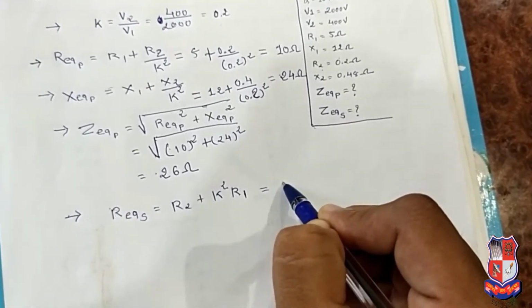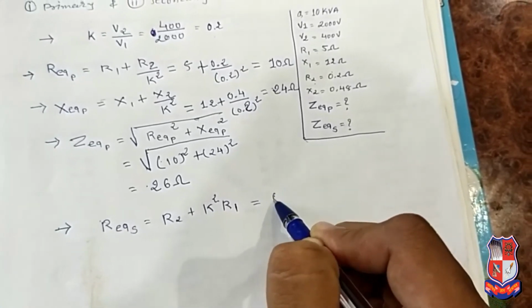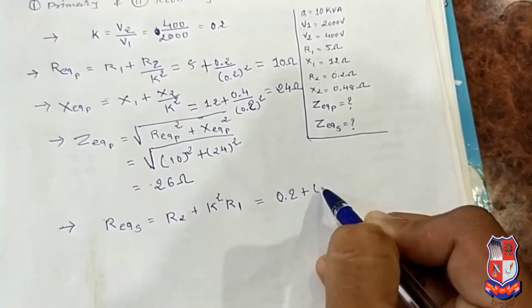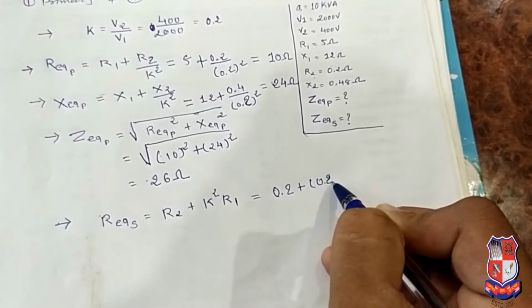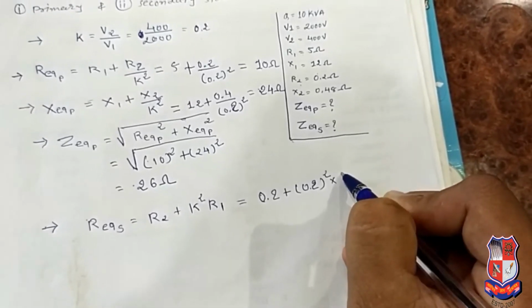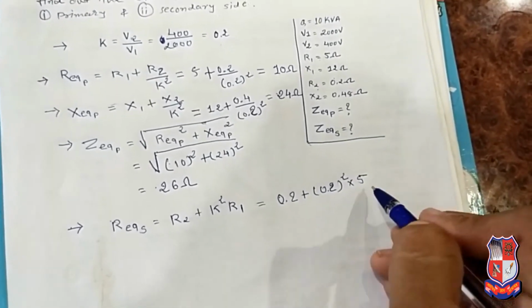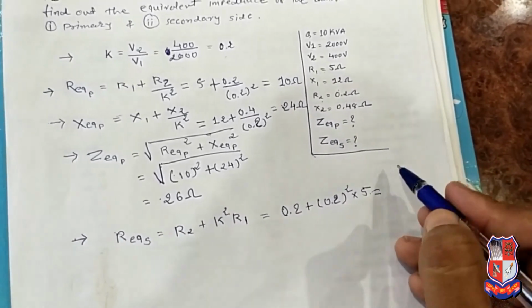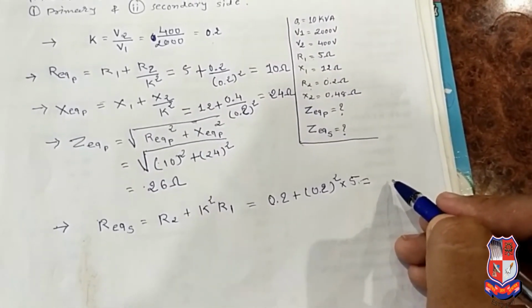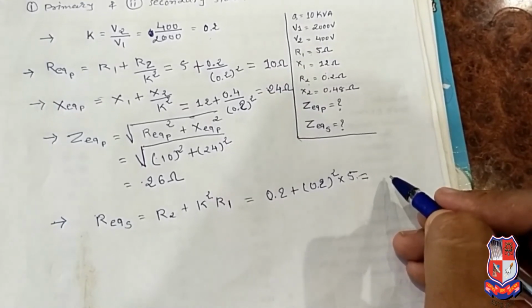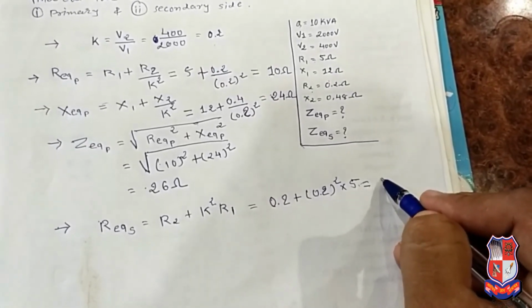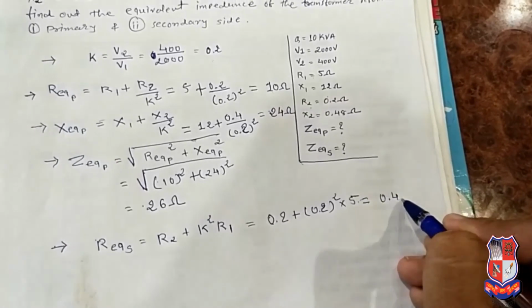Now the value of R2 is 0.2 plus 0.2 whole square into R1, 5, and we get the answer of R equivalent of secondary as 0.4 ohm.